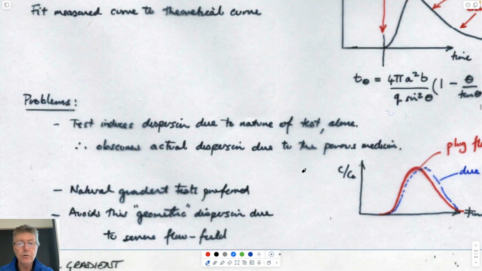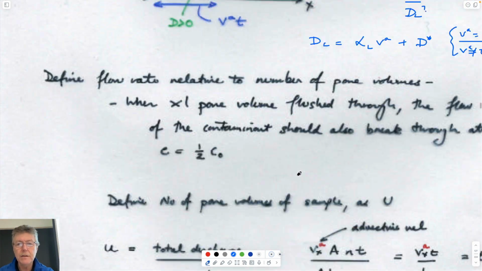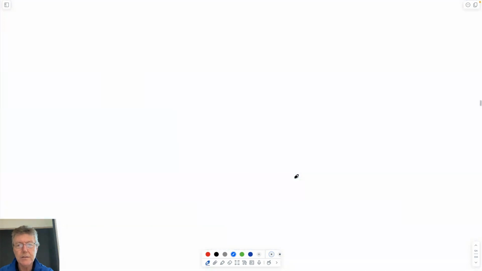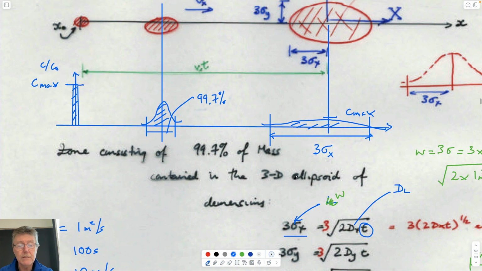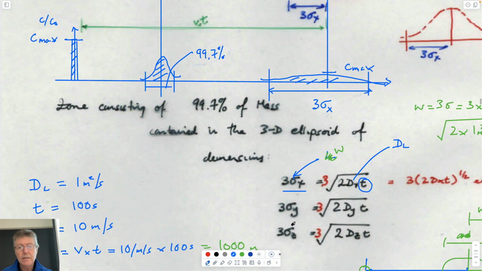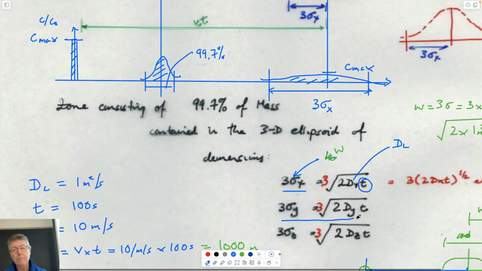Sorry, if you recall, I'll come back to this, but I'll just go back to the last thing that we talked about when we're describing this. We talked about this term here. The equation of our bell curve for Gaussian distribution is that 3 standard deviations, which is, this is wrong, right?